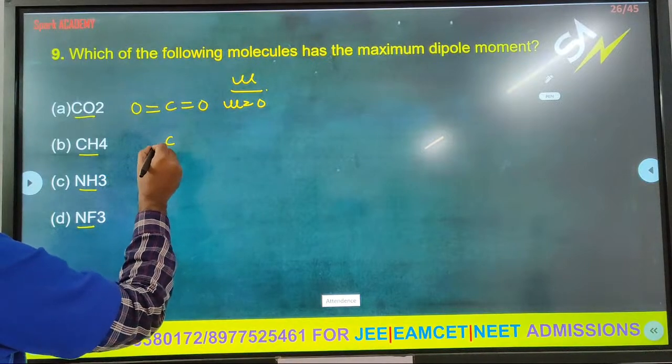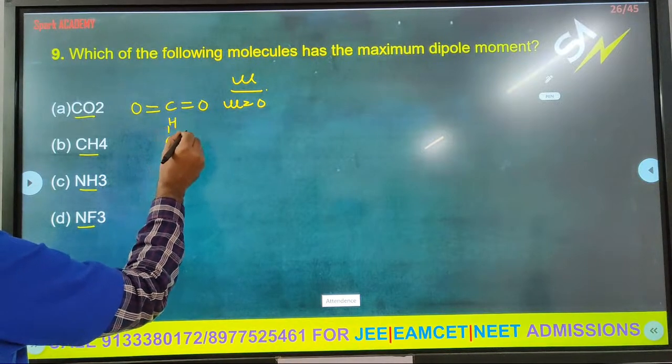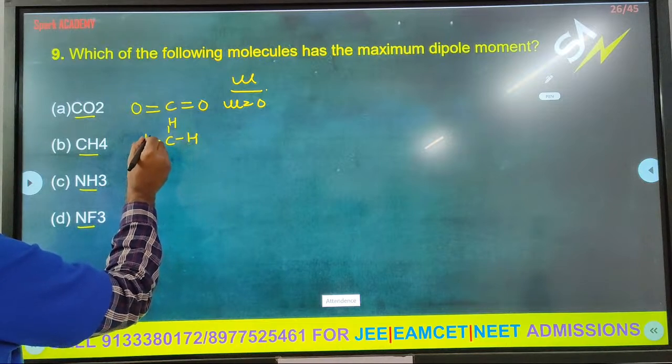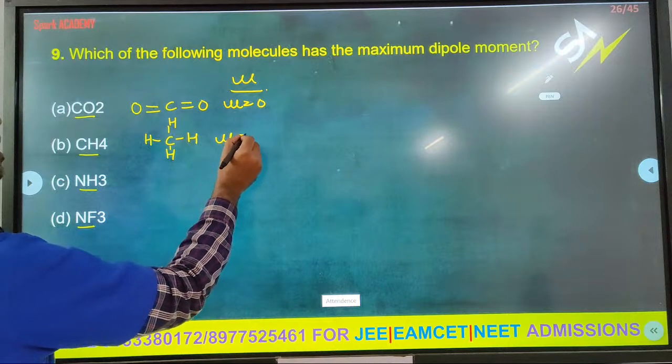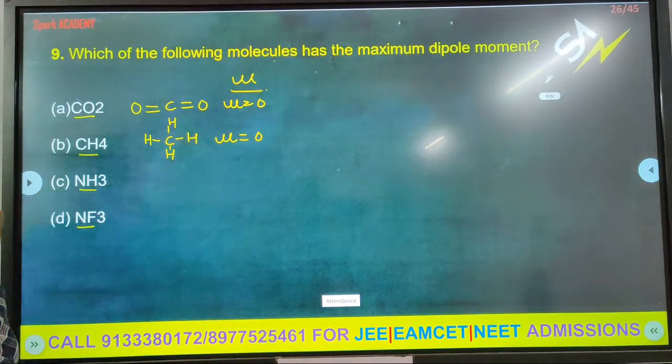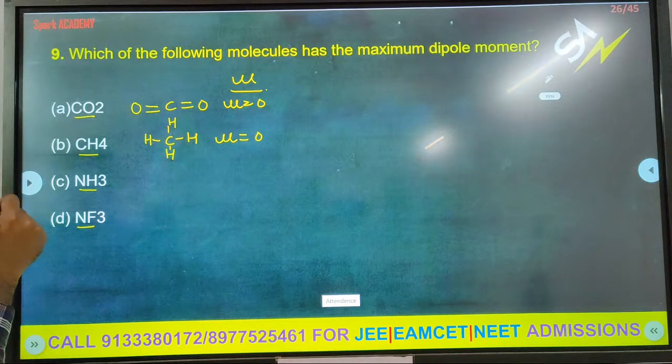CH4: carbon and hydrogen have tetrahedral geometry. So it is symmetrical, and mu is equal to 0. Coming to NH3 and NF3, both have a dipole moment.